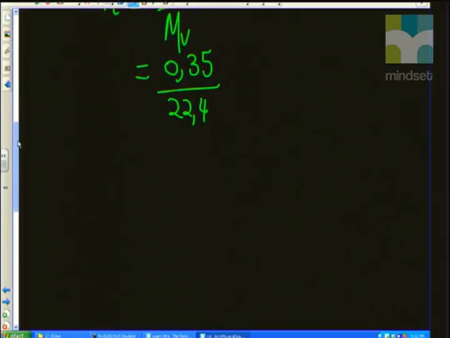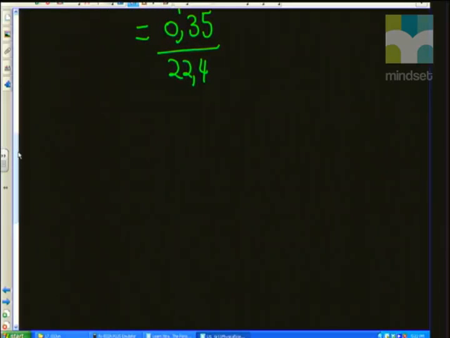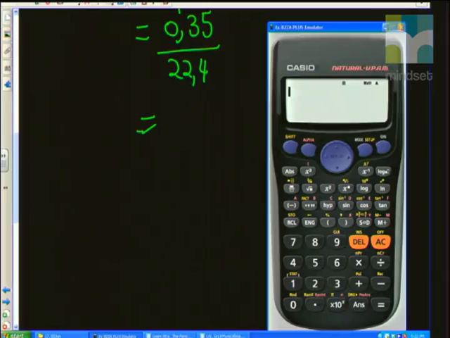Now, what will this work out to be? You can use your calculator quickly. Let's go to the calculator: 0.35 divided by 22.4.